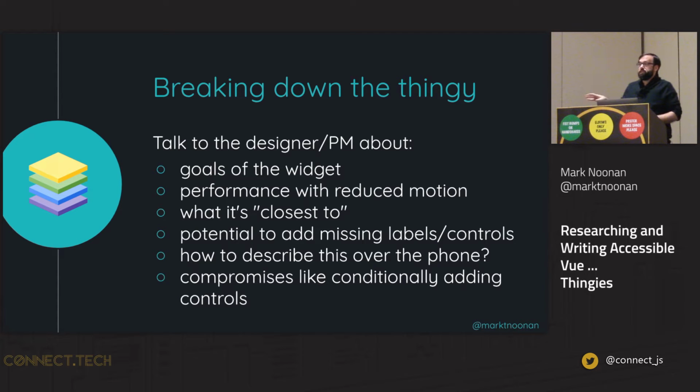Because someone might have motion sickness or whatever, we don't want them to experience the motion, but then it snaps between states, and it's not clear that there's layers or what's happening really. So bringing that to a designer's attention can help reveal what is the real nature of this thing that we're building. And for that matter, could we add some controls?